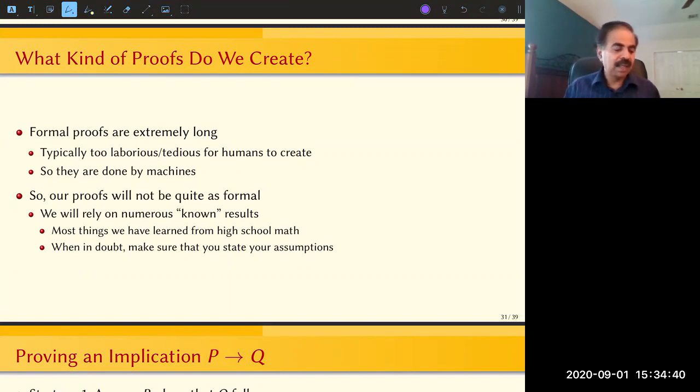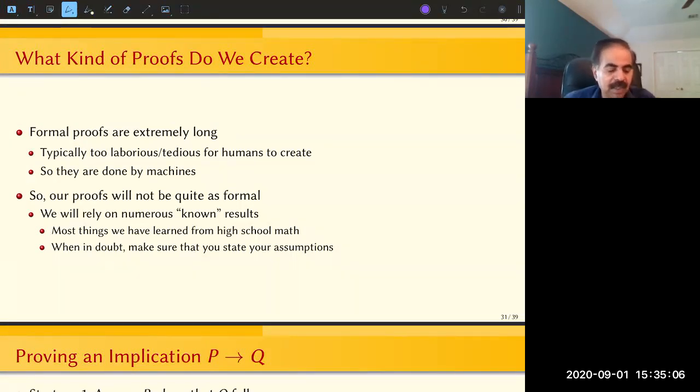which means that we'll end up relying on numerous results that are known, right? So we declare that there are lots of things that we know. Pretty much everything that you learned in high school math, we will assume is known, and then we'll try to see how to prove something based on those results.